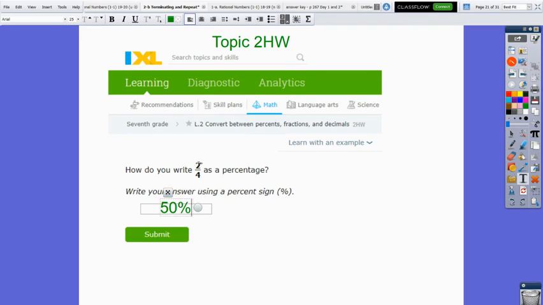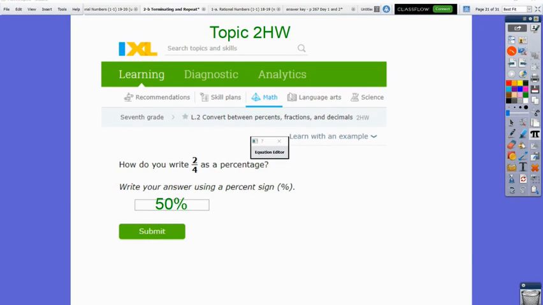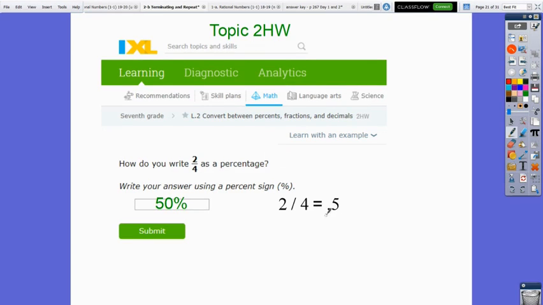If you didn't know it, divide in your calculator 2 divided by 4, and that equals 0.5, and then 0.5 as a decimal. To convert that to percent, move the decimal point 2 places to the right. Okay, so you can use your notes page to do these problems, and you can use a calculator for any of them as well.